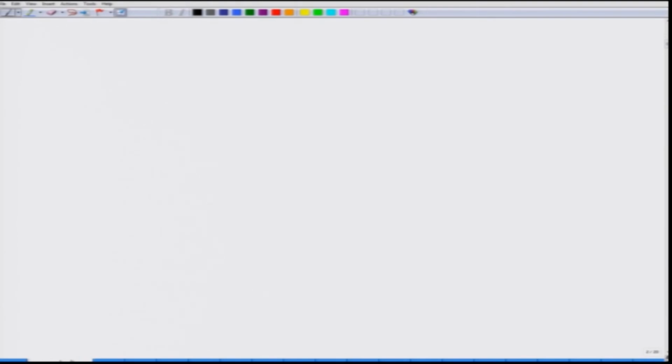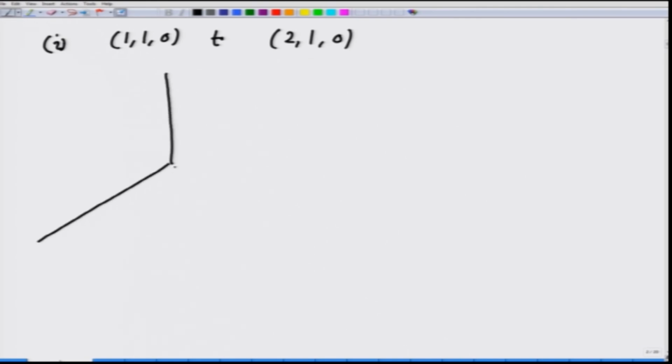Okay. If I look at the first one, which is from 1 1 0 to 2 1 0, let us look at this vector in a pictorial manner. Let me make x, y and z coordinates. I will go 1 step in the x direction and 1 step in the y direction.